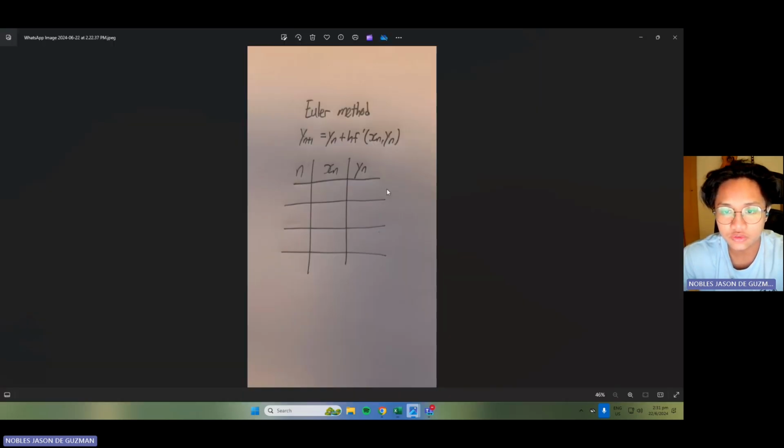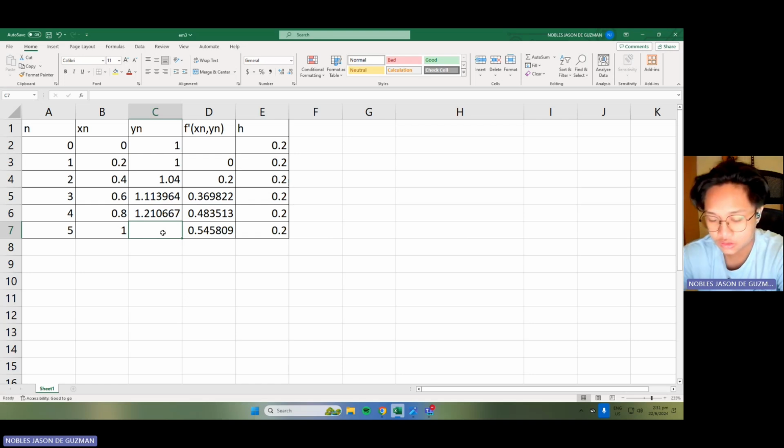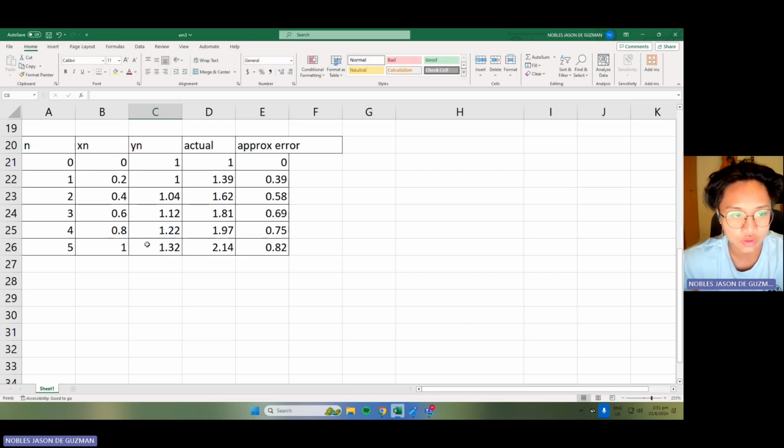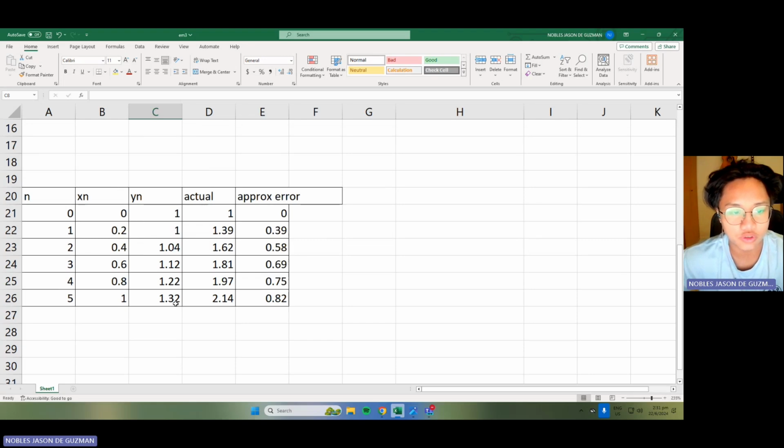Then we can finally use Euler's method, so y_5 equals y_4 plus h times the dy/dx. So this is y_4 plus h, 0.2, times this value, and we get 1.31. Oh, sorry, 1.32. So over here will be 1.32.